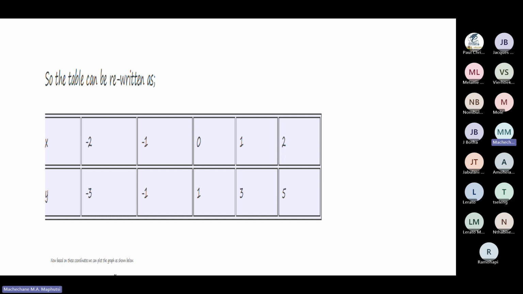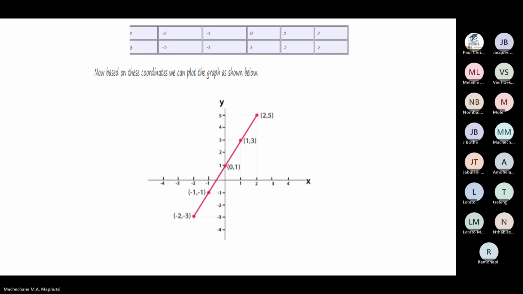So now let's see how we are going to plot the graph. As you can see the values in the table, x is -2, y is -3. So look at the point. When you plot, you start from the horizontal x-axis, counting from the origin 0. Because I'm having -2, always when I count -2, I always go to my left.